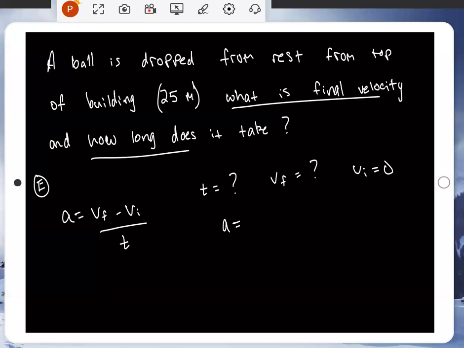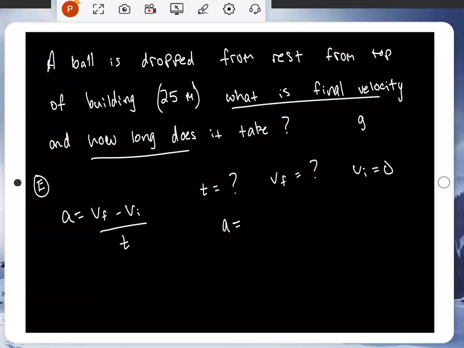A in free fall is... Not sure. Little g?